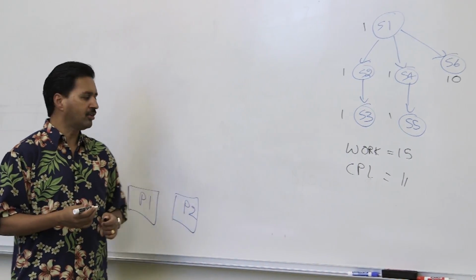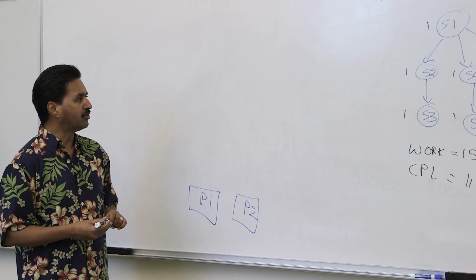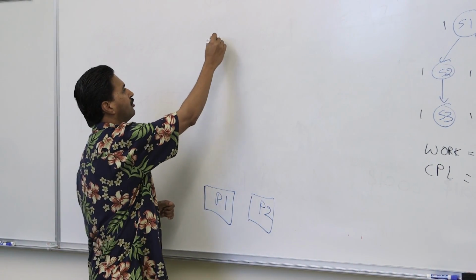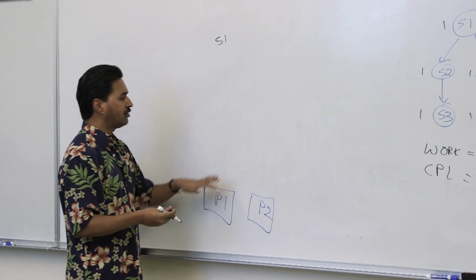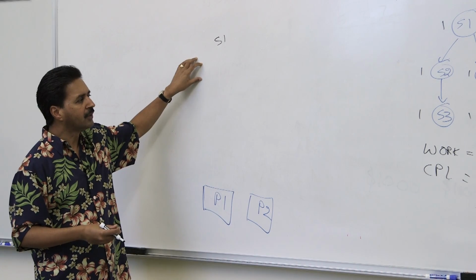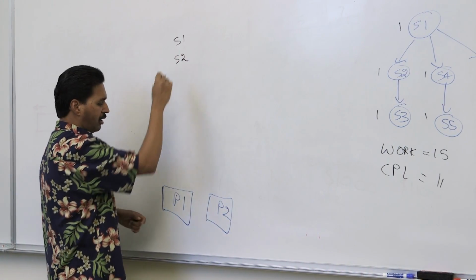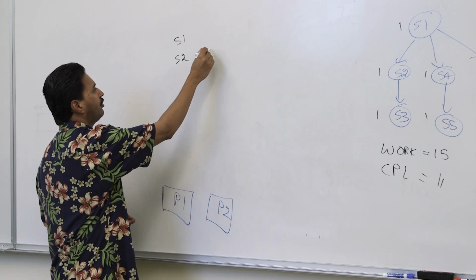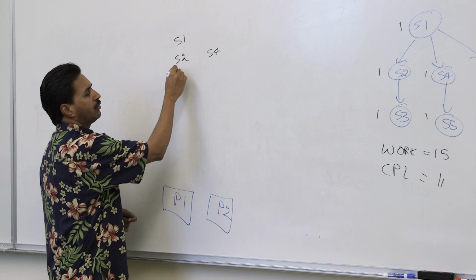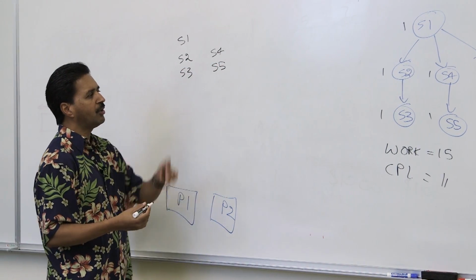Now let's imagine two possible schedules on this parallel machine. In one case, processor 1 could execute S1, processor 2 will be idle because nothing else can happen when S1 is executing. After that, processor 1 could pick up S2 and processor 2 could pick up S4, and then 1 could do S3, 2 could do S5, and then the only thing that remains is S6.